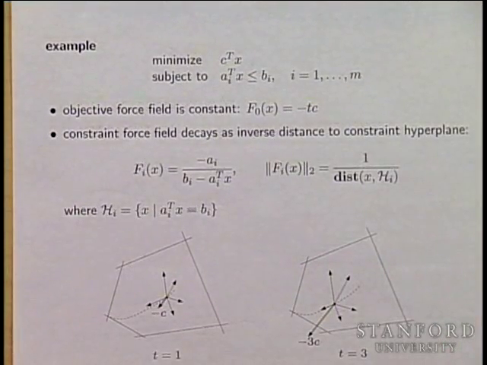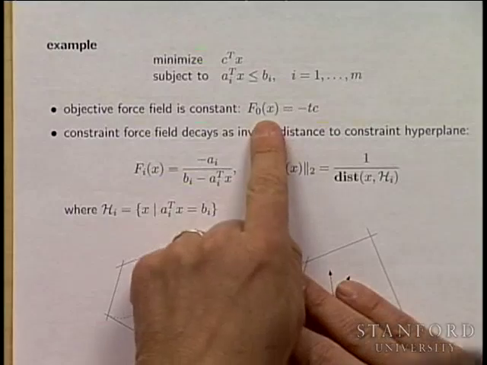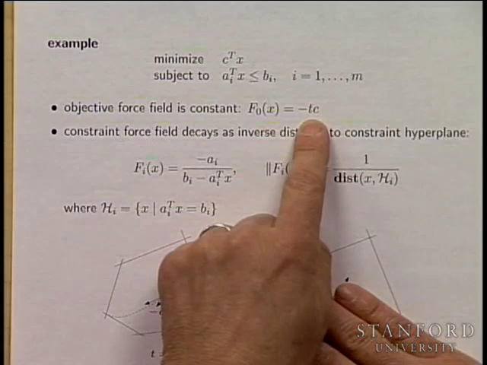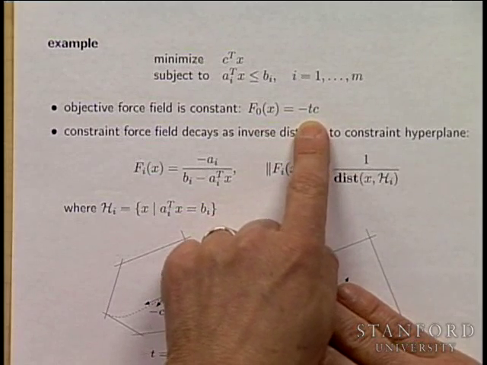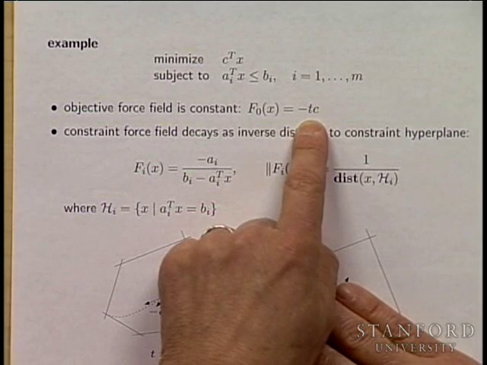So here, for linear constraints, here's the way it works. My force field on top of this is simply in the direction c. By the way, if you like, you could make this gravity. So this could be g times whatever down. Okay, so that's what this is.